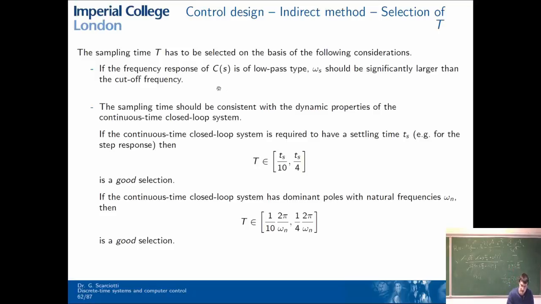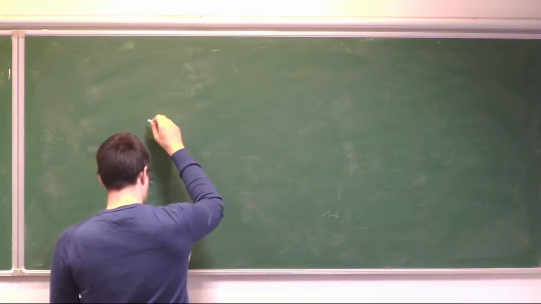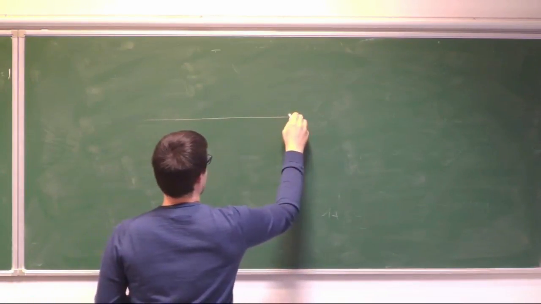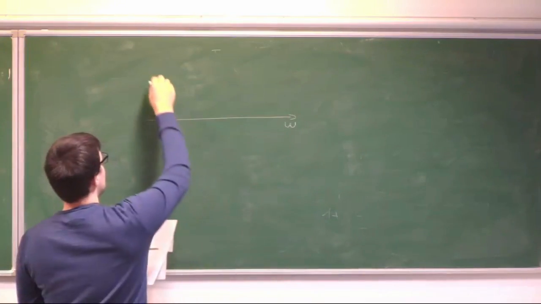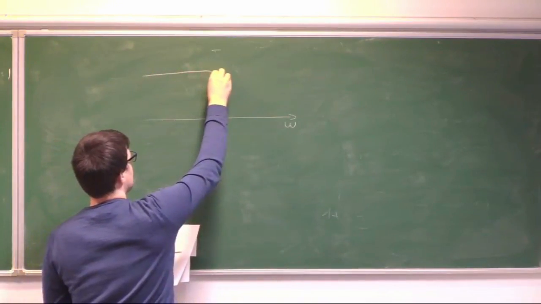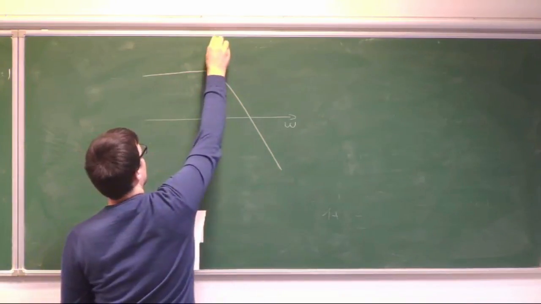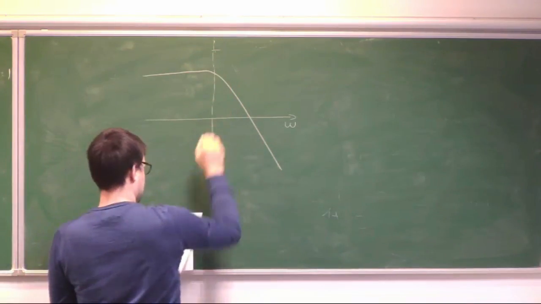So in the first case, if you have your C of S, the frequency response of your controller in continuous time is of low pass type, then omega S should be much larger than the cutoff frequency, okay? So what does it mean? What is the cutoff frequency? Well, the idea is the following. If we represent the frequency response, here we have omega on this axis, if your response is of this type, okay, so here we have the cutoff frequency, okay?